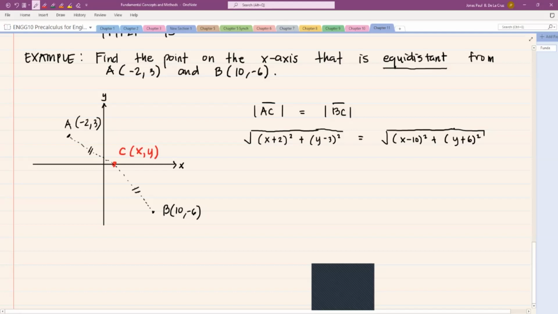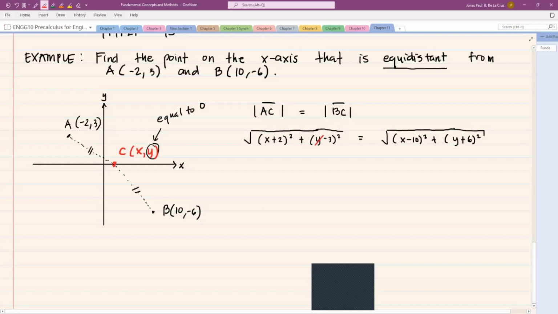Ang ibig sabihin nito, yung point C, ang kanyang y coordinate should be equal to 0, kasi nga hindi siya nag-move along the y distance, vertical distance. Ibig sabihin lahat ng y dito should be equal to 0.